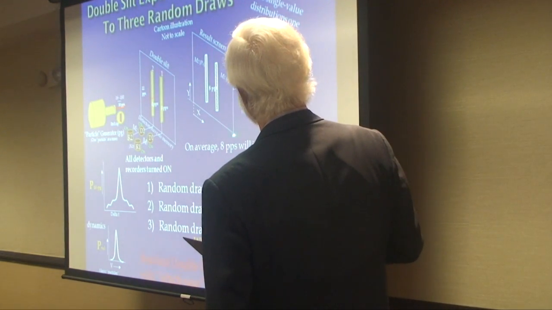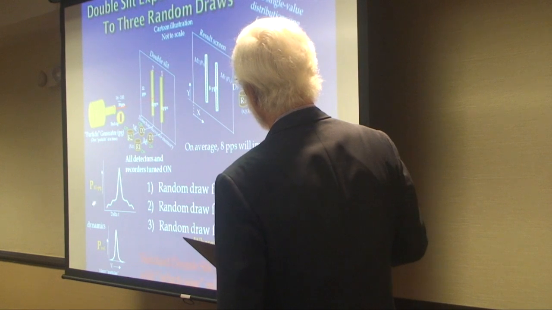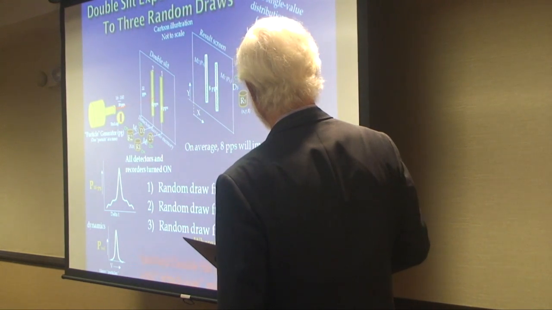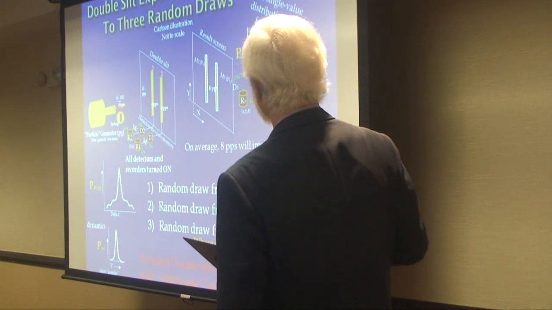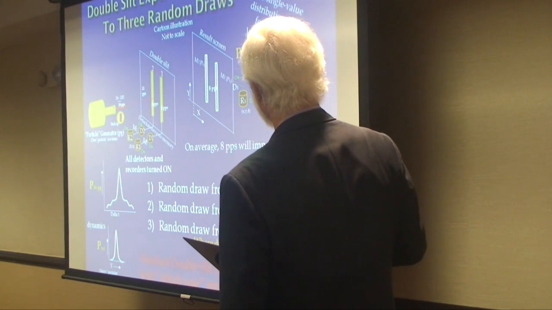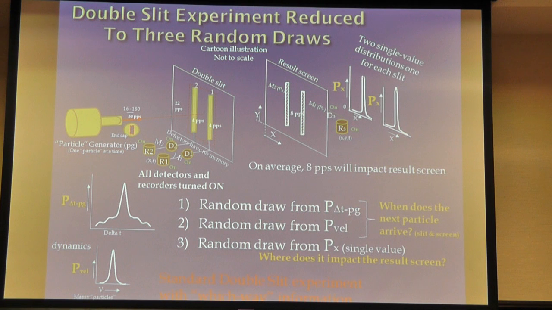So, random draw from here, random draw from here, and then a random draw from here, from whichever. So let's say we get a measurement here at a time here. Well, that tells us that we're going to get something here because we've got it detected.